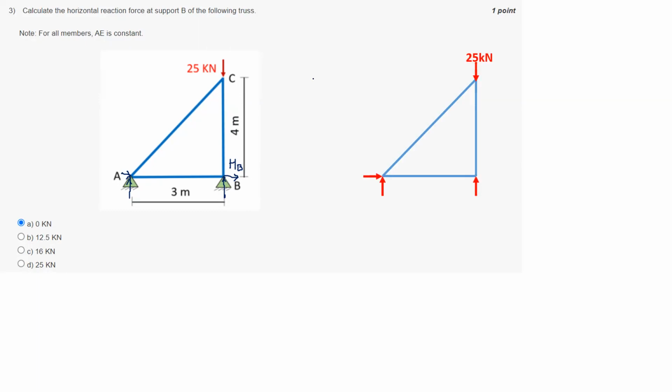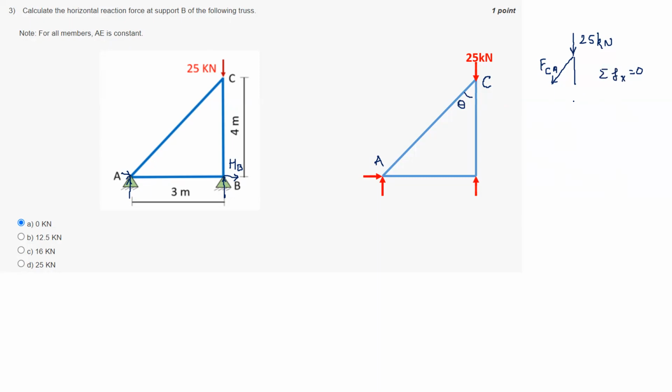Now you can see we have this as C point. If I apply summation Fx equal to 0 at C point, so if I consider C point and the forces over here, we have this as 25 kilonewton, and then this will be FCA. And if we apply summation Fx equal to 0, let this angle be theta, which we need not calculate.